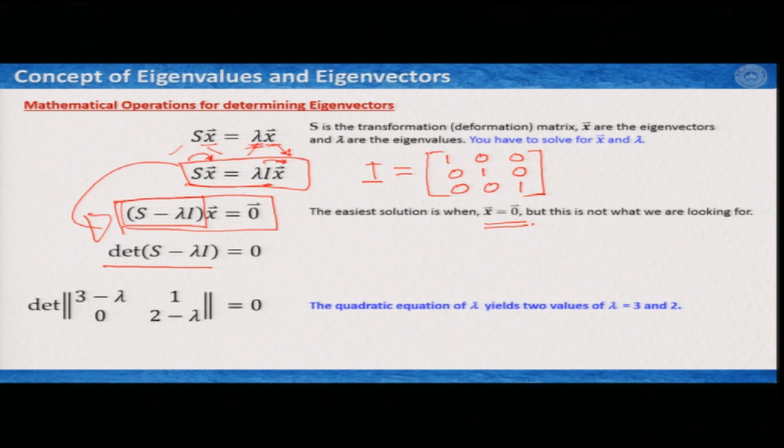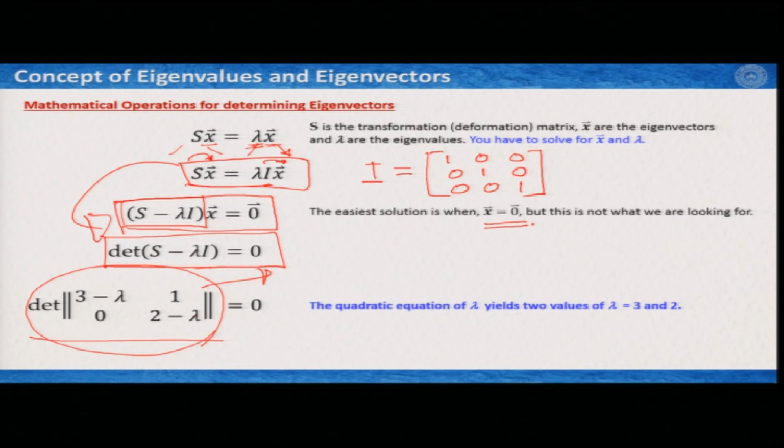Now if we expand this equation with our transformation matrix, which was 3 0 1 2, we can write the determinant of 3 minus lambda, 1, 0, 2 minus lambda, should be 0. If we calculate the determinant of this matrix, it would yield a quadratic polynomial.